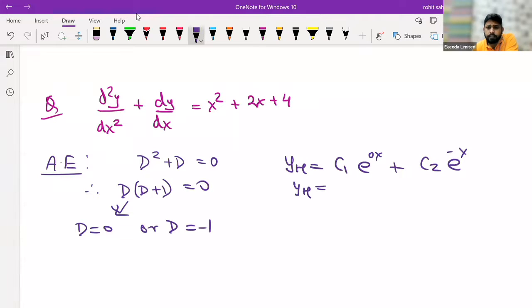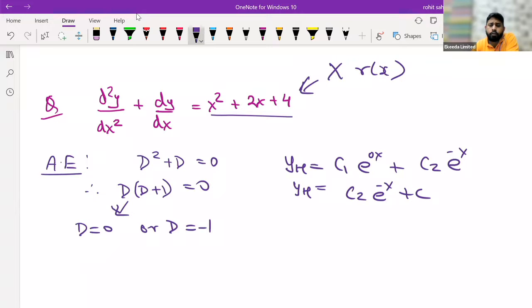यानी कि yh is c1 plus c2 e to the power of minus x. ये कांस्टेंट है तो बस c लिख दिया, तो c का कुछ ज्यादा परेशान होने की जरूरत नहीं है. Now look into this part. This is your r of x, जो भी आप कह रहे हो non homogeneous part के लिए, which is a polynomial and the highest order which you see is x square.